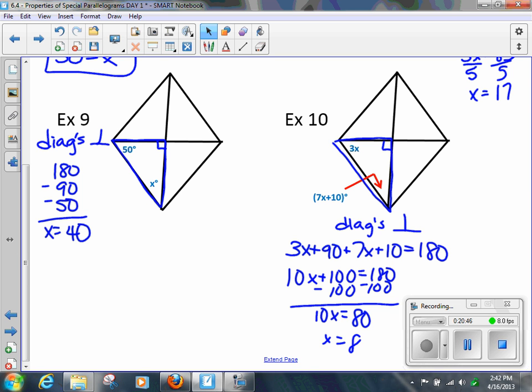Plus 90. What's another way I could solve this? That last one. Do I have to add 90? No. Why not, Maddie? I don't have to add 90. I'd have to change what it was equal to.